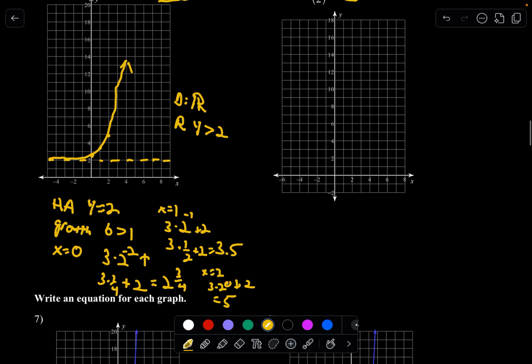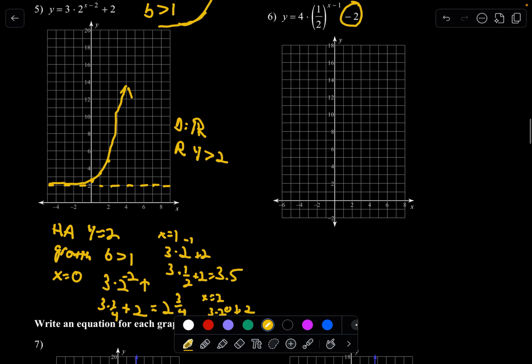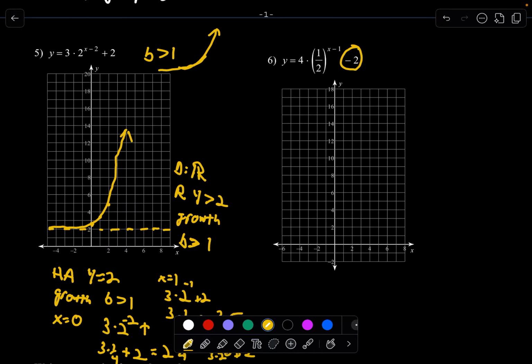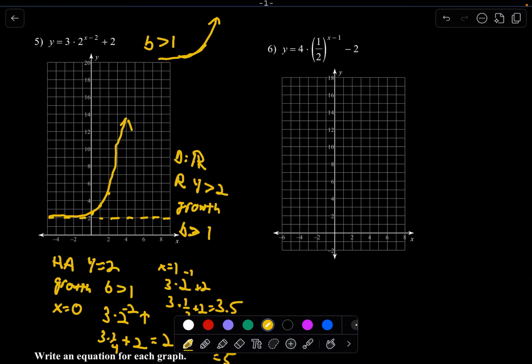Okay. Notice this is growth. It blows up. Why? Because b, the base, is greater than 1. Okay. Now to do number 6, we're going to do the same thing. We are going to make a table.